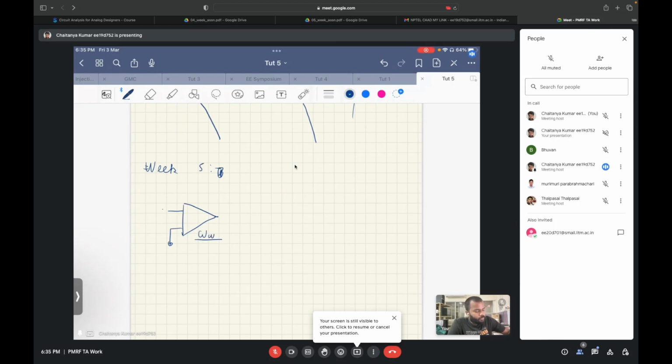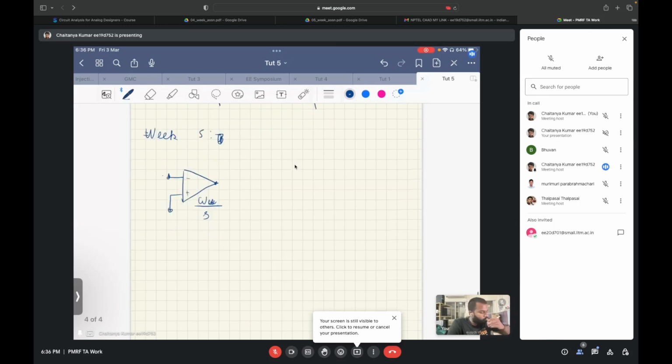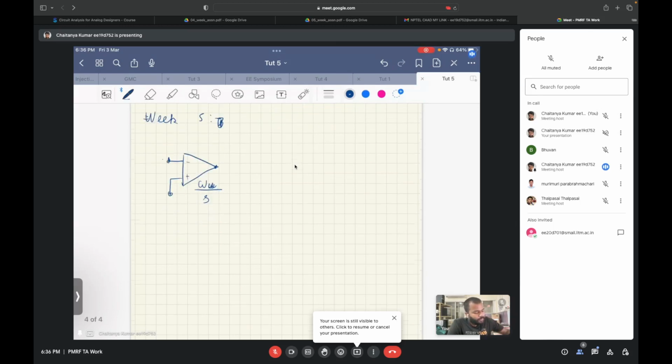So we had this omega u by s kind of transfer function for the op amp, and using this, we tried to make the biquad and saw its effect. So how did we proceed?